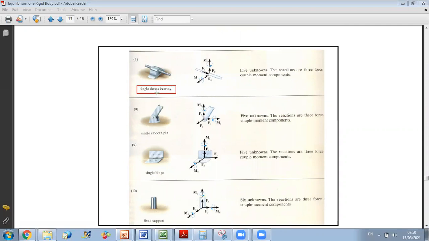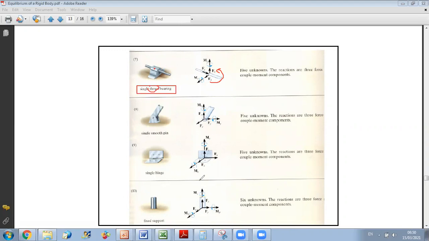So when they say thrust, this means that I have like a locking effect inside that will not allow translation, but I can just rotate. Okay, so when they tell you it's a single thrust bearing, then you can say the only freedom of motion is rotation about the axis of the rod, and I cannot translate it due to the locking effect.